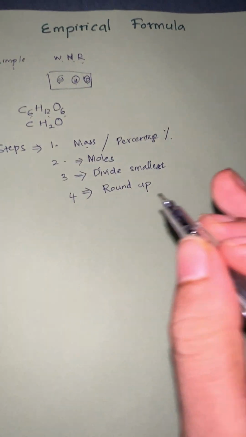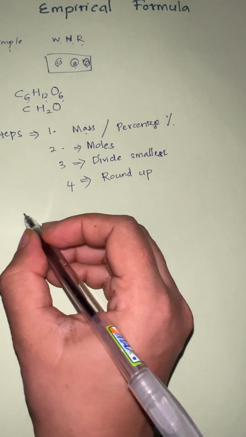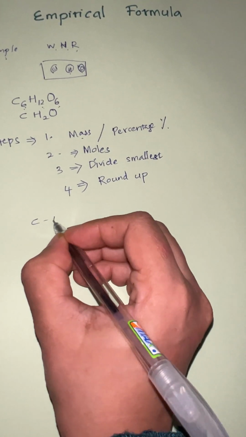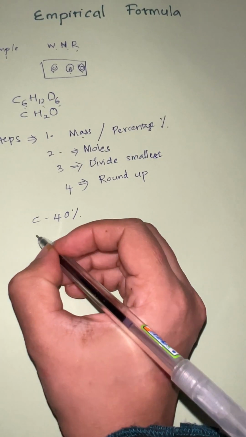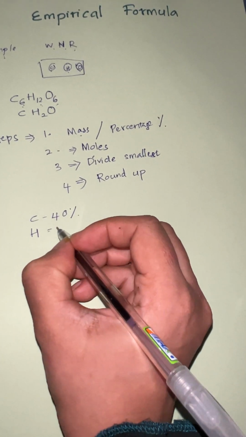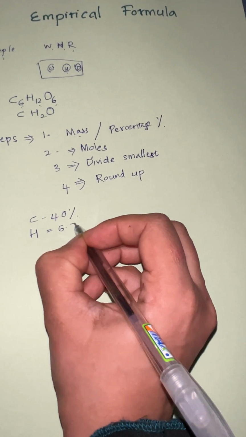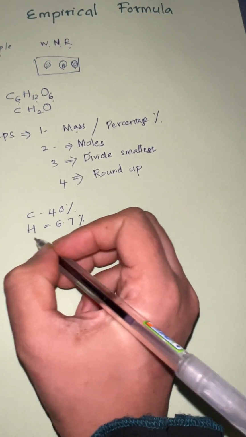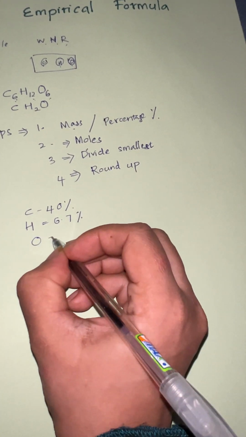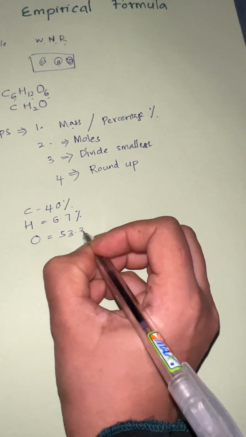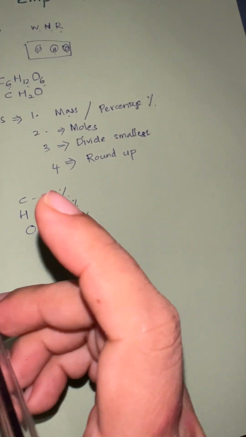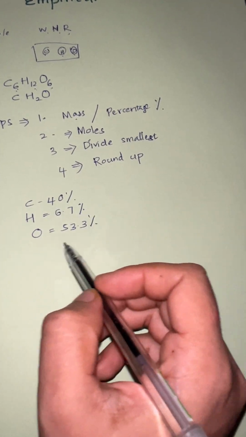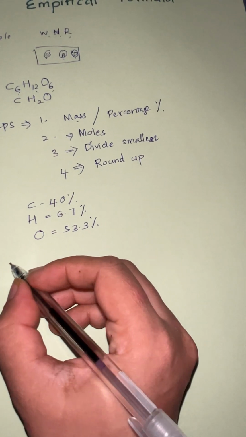Right? So now we're going to see an example of a compound having 40% carbon and 6.7% hydrogen, and oxygen is 53.3%. So now you have already got this percentage value, so you need to make moles.